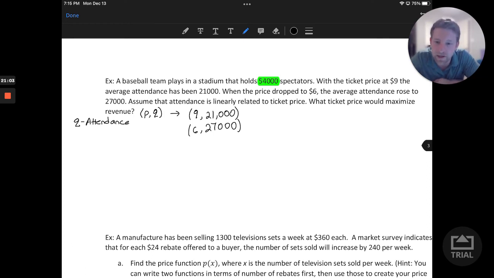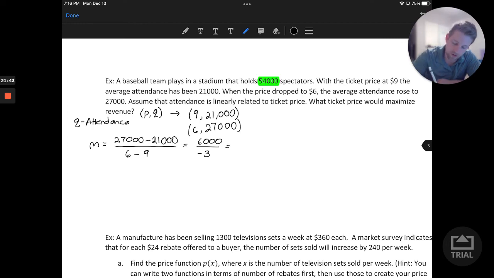So let's find the slope between these two points and then apply this to a linear function. The slope m is the change in attendance divided by the change in our price. So we have a 6,000 person attendance increase for a decrease of $3.